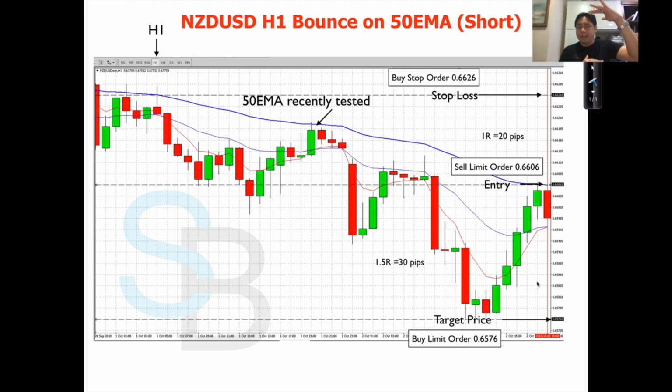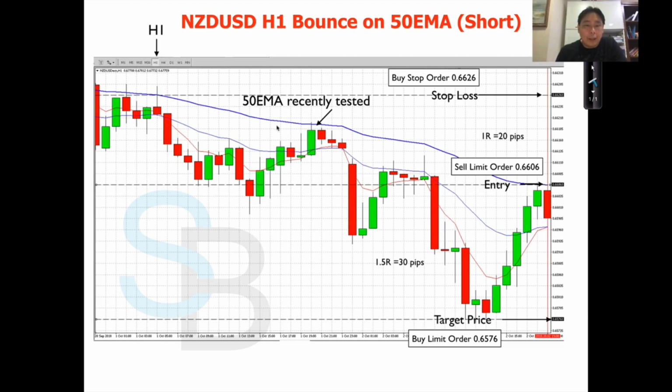So my take profit is about 30 pips or so, or maybe 30, 40 pips. Which means my stop loss has to be 20 pips, because if my stop loss is 30 pips, to make 30 pips, not worth it. So my stop loss has to be 20 pips, not less than that. Stop loss at 6606 plus 20 is 6626. Take profit at 6576. So 20 to make 30, 1 to make 1.5.